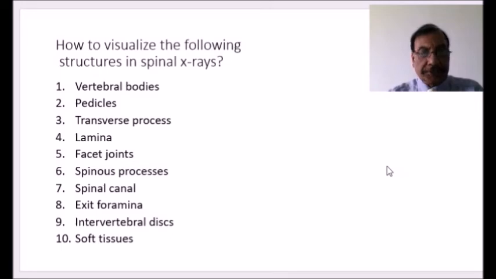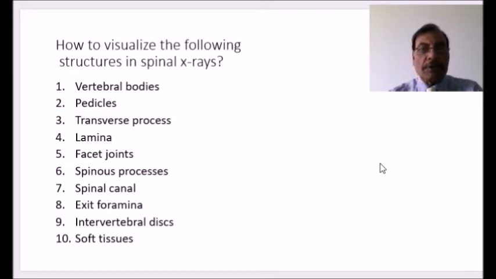Visualizing the structures on AP view. The structures that can be seen are vertebral bodies, pedicles, transverse process, lamina, facet joints, spinous processes, spinal canal, exit foramina, intervertebral disc, and soft tissues.